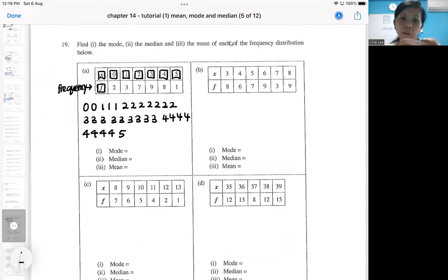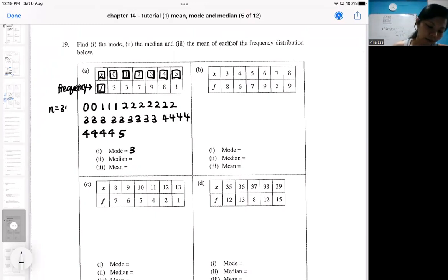So same thing, I'm going to arrange them out. Okay, so the mode, the most popular one, will be 3. Median, you got to know the total first. So how many guys are there here? We got to add up the frequency. 2 plus 3 plus 7 plus 9 plus 8 plus 1.